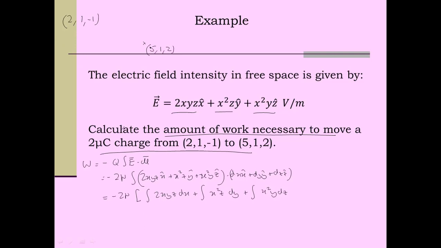That is the point of interest, in which we can see that based on this movement, x is moving from 2 to 5, which is the change of the coordinate. For y, it is changing from 1 to 1, no changes at all. Whereas for z, it is from negative 1 to positive 2.